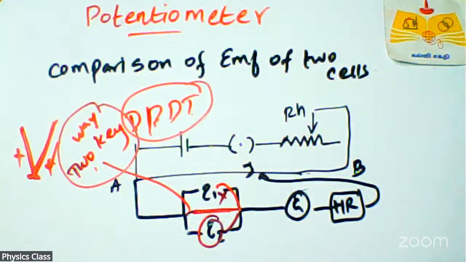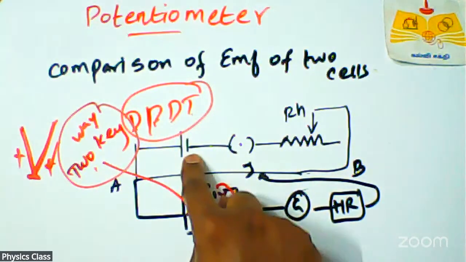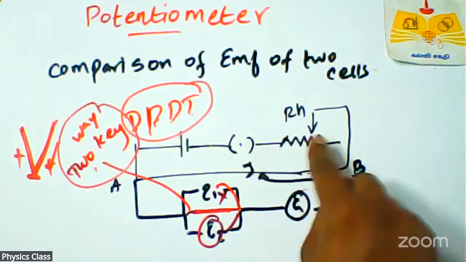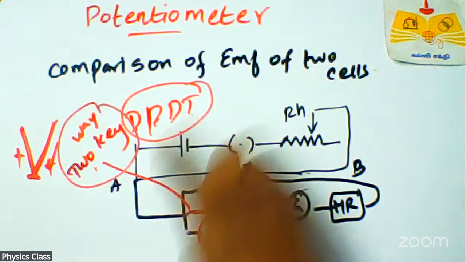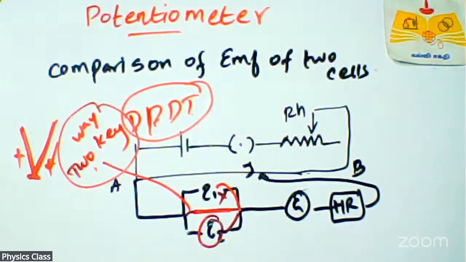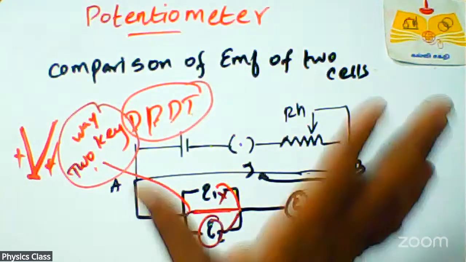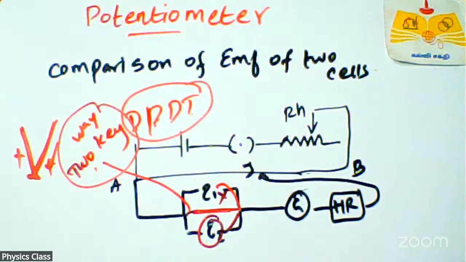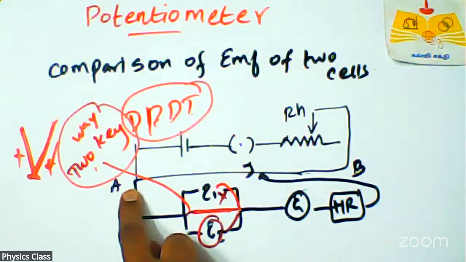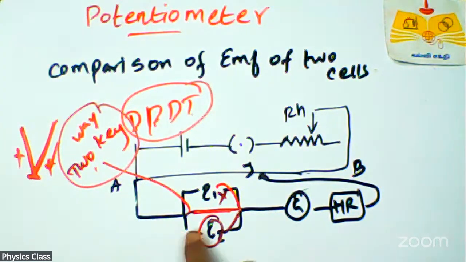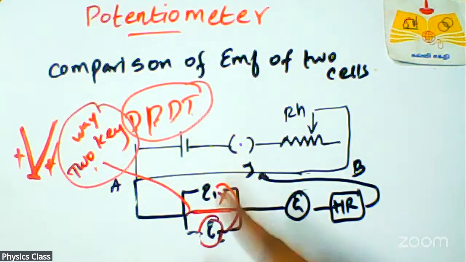The potentiometer wire AB is connected to the battery, the key and the rheostat. This is the primary circuit, the first and most important circuit. The terminal A is connected to the DPDT switch, in which the two cells are connected.